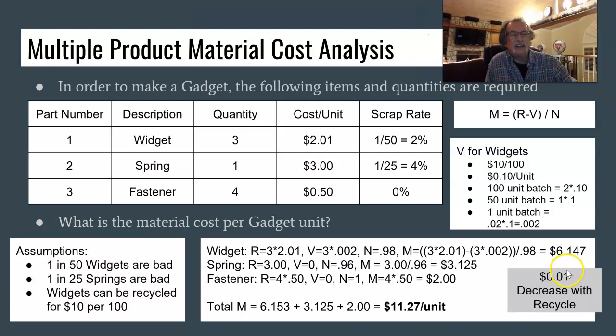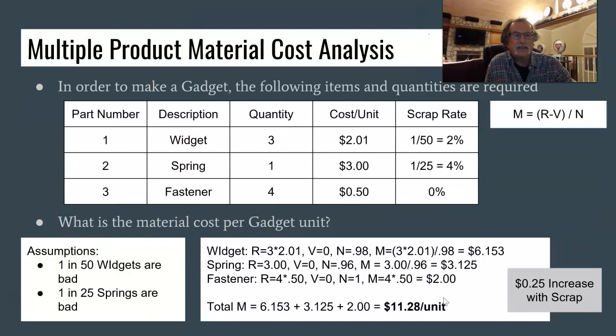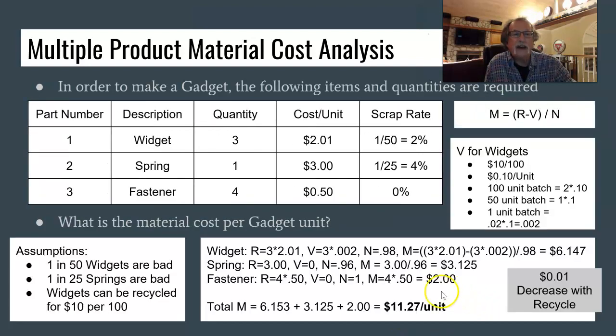It's just a little over half a penny. And so our cost per unit is $11.27 versus $11.28 when we include the value of the scrap, the recycling of the widgets.